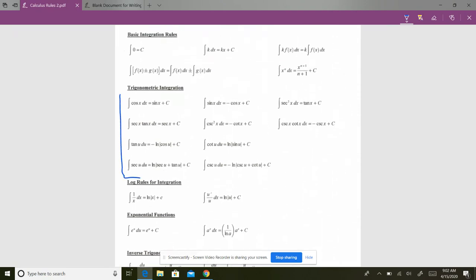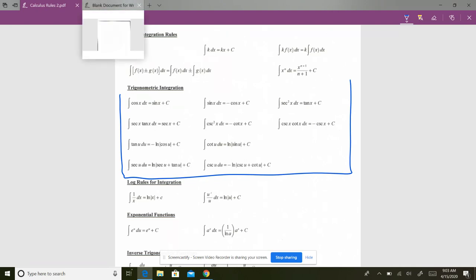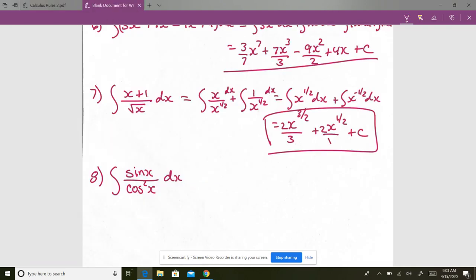Basically, we're looking at all these things here. You want to make it match whatever's in here. Okay. So obviously, this one does not match. It's got sine over cos. We have to rewrite it using our trig stuff.